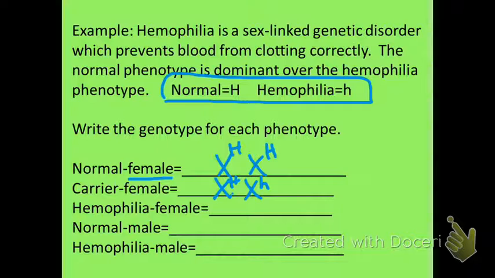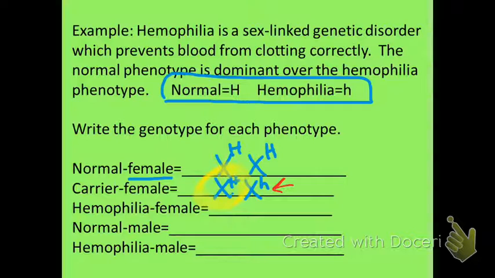Okay, so this female will not actually have hemophilia, because she has a normal dominant gene that's going to beat the hemophilia one, but she is actually a carrier. She has the recessive one, it's just not being expressed. So that means she's carrying this trait and can pass it on to her children.